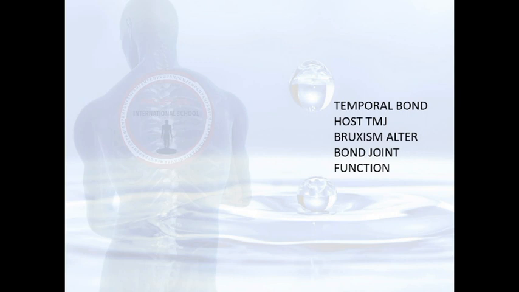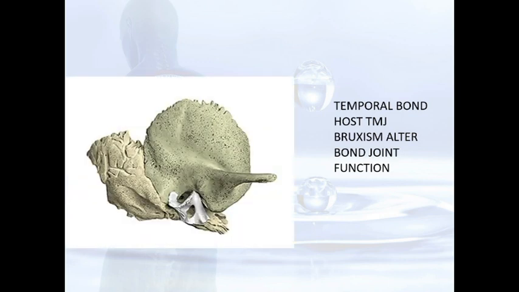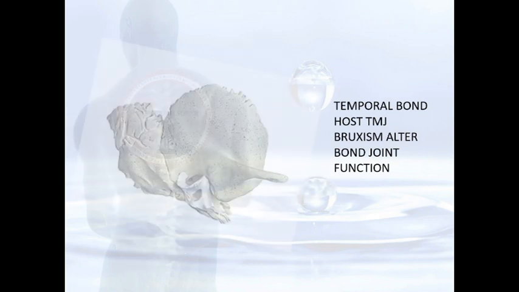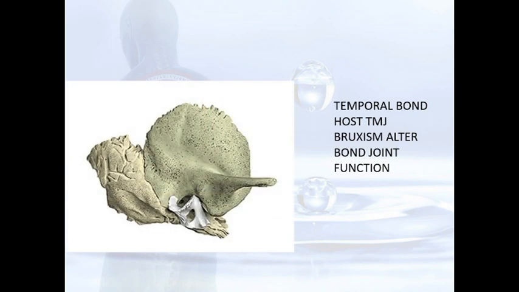The temporomandibular joint is hosted by the temporal bone. It is in the temporal bone. And when we do bruxism, we are creating movements in the bone, and we are also creating movement in the other craniosacral sutures.